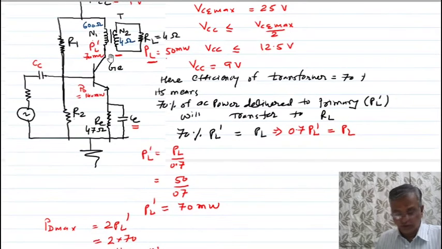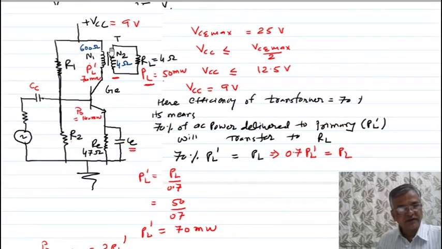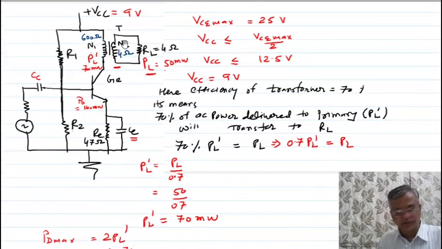For selection of this transformer, I have to take such a transformer whose primary impedance is 600 ohm, secondary impedance is 4 ohm, and the power rating should be more than PD max. Here PD max is 140 milliwatt.